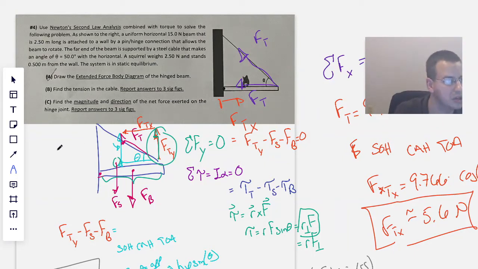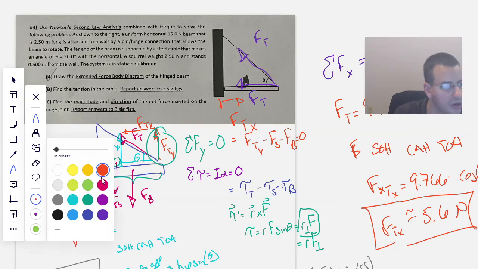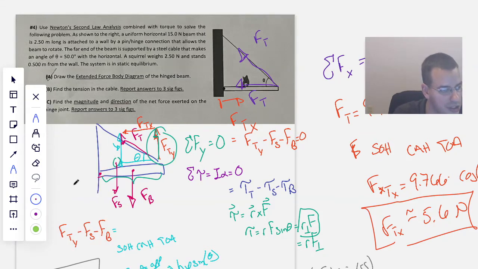Okay. So now, one thing I forgot when I drew this, I'm going to draw force, I call this hinge, in the y direction. So I drew the force squirrel, force beam, and force tension, but there's also going to be some force up and down on the beam as well.